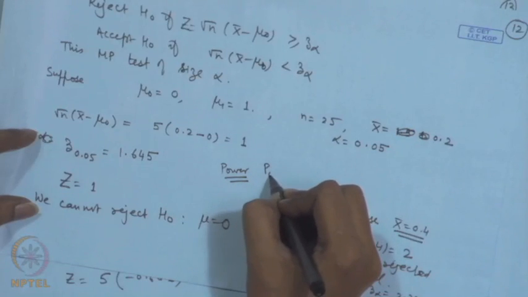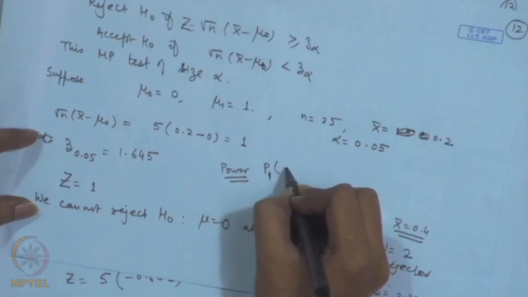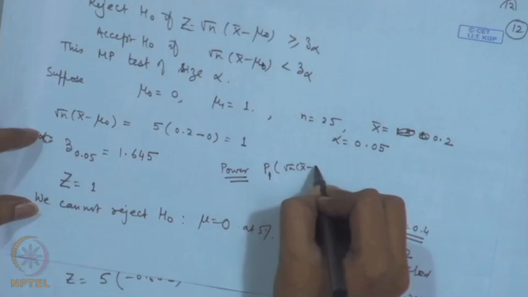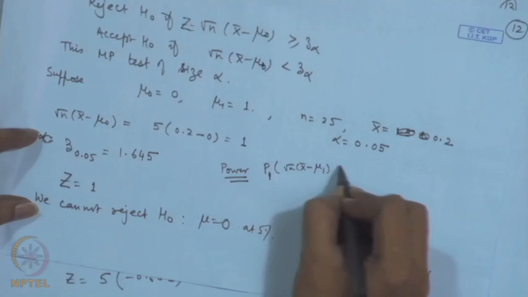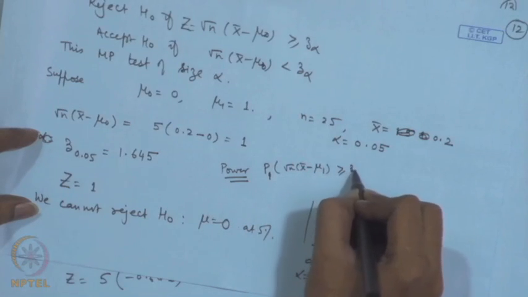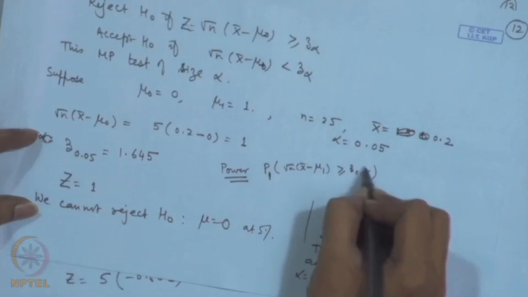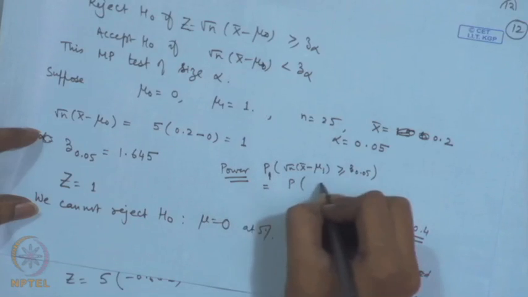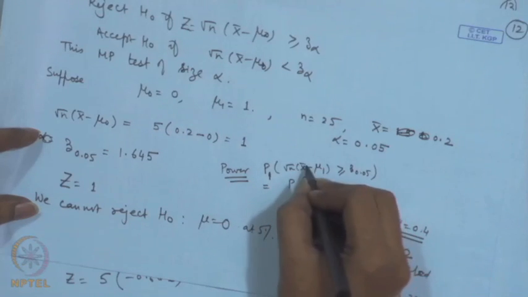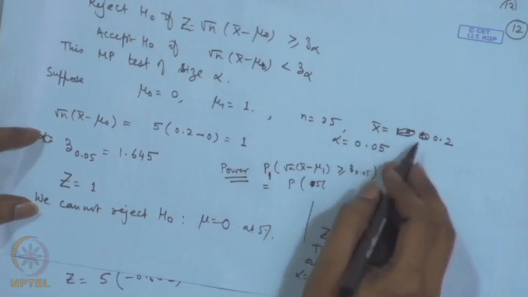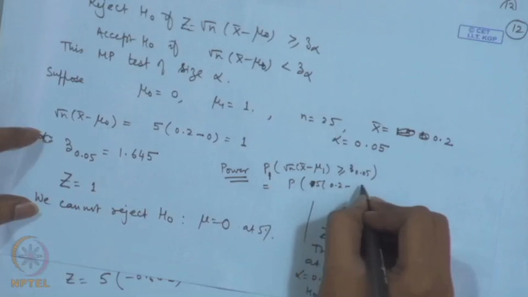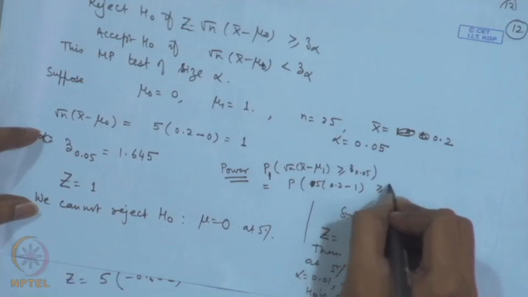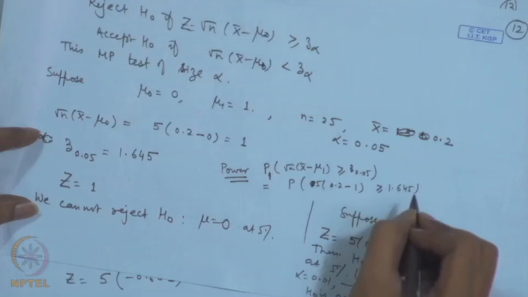It is the probability of rejecting, root n x bar minus mu 1 greater than or equal to z 0.05, because this point has already been decided here. So, this is 1.645, that is probability of 5 x bar is 0.2 minus 1 greater than or equal to 1.645.